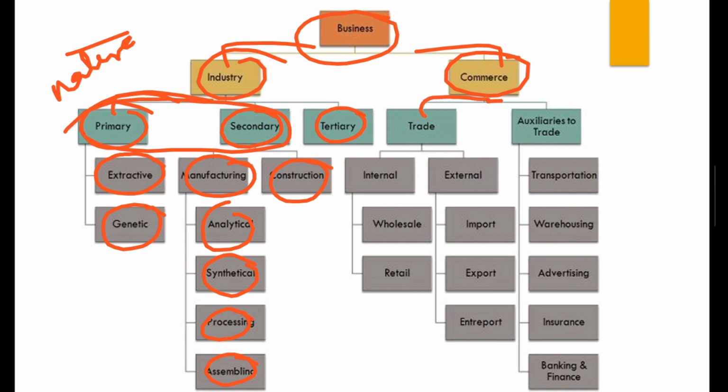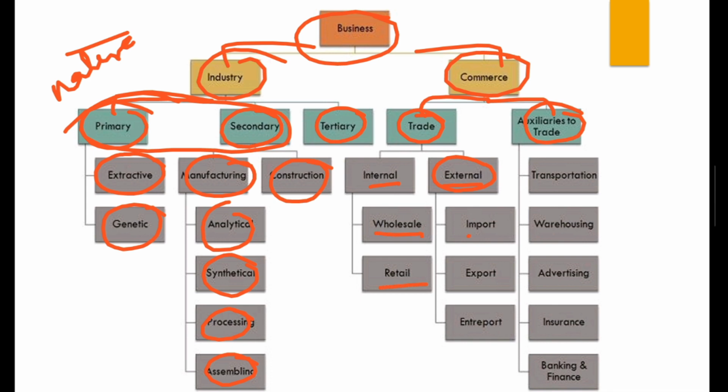In commerce, we studied about two things, that is trade and auxiliaries to trade. Trade again has two types, internal trade and external trade. Internal trade is trade which takes place within the boundaries of our country. External trade is outside the boundaries of the country. Internal trade is wholesale and retail.